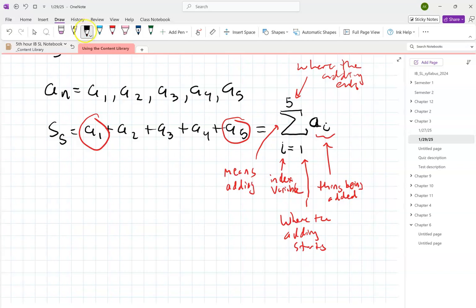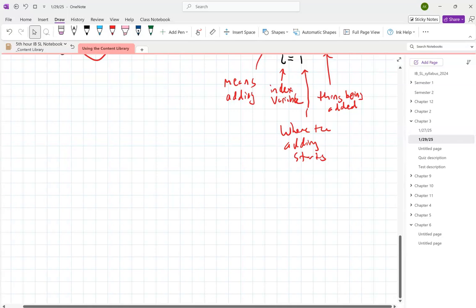Let's do some examples of moving back and forth between sigma notation and expanded form, and expanded form and sigma notation.